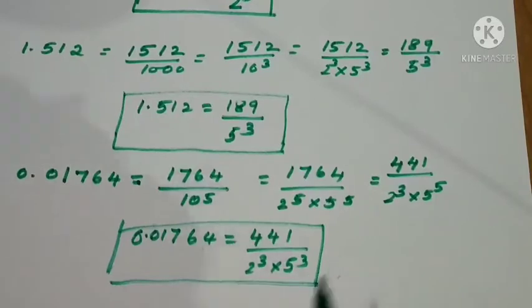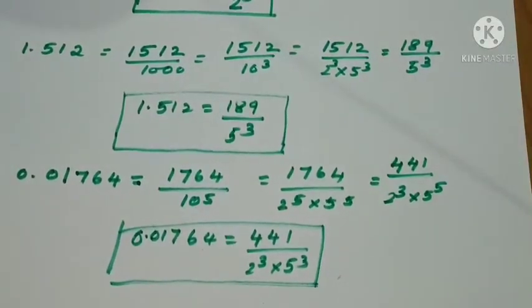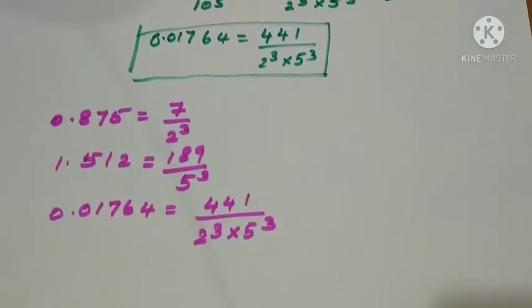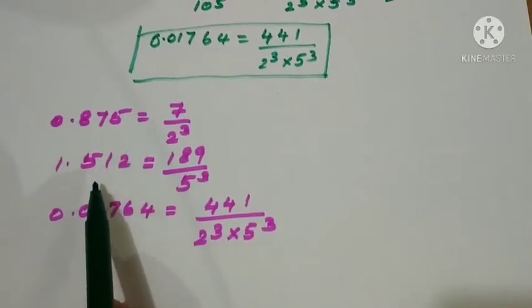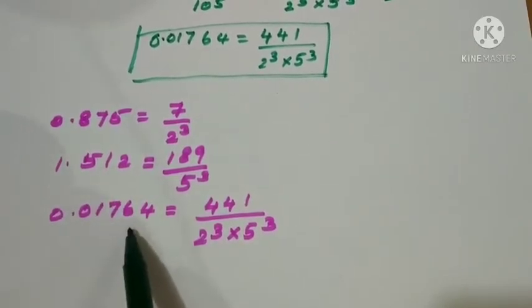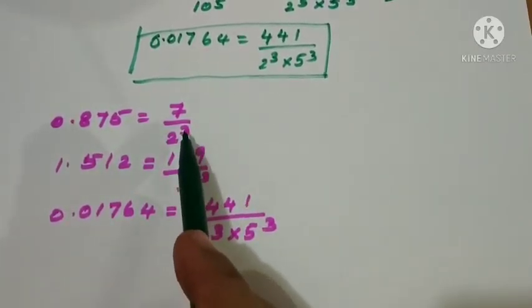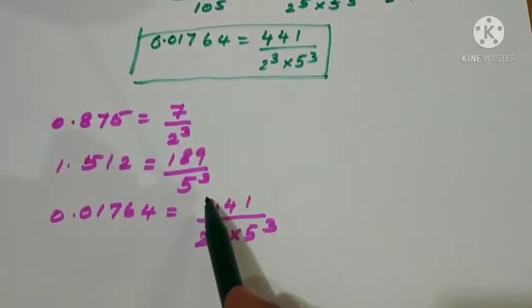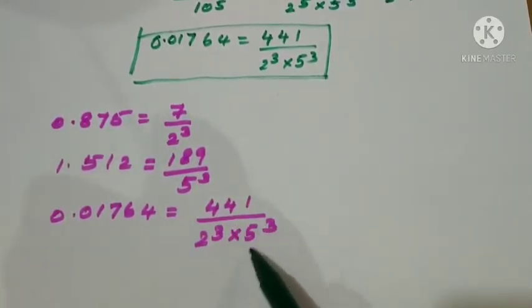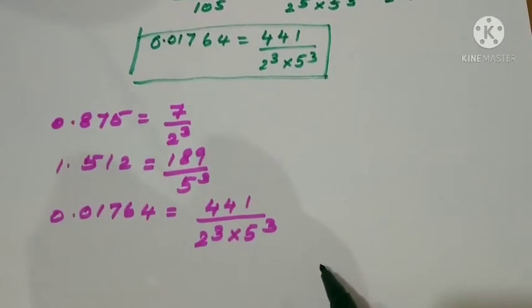See, in all the three cases what we have got here, I'll write once again, all the three cases we have taken are terminating. So 0.875, 1.512, 0.01764 can be written as 7 by 2 raised to 3, 189 by 5 raised to 3 and 441 by 2 cube into 5 raised to 5 only.